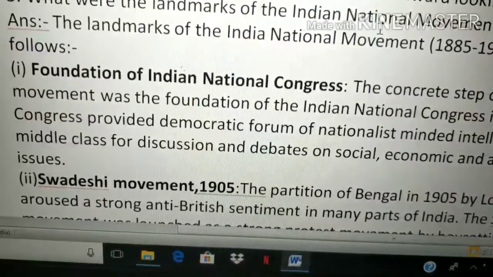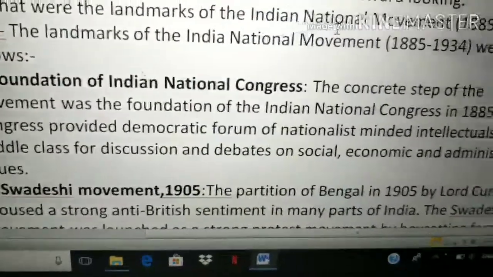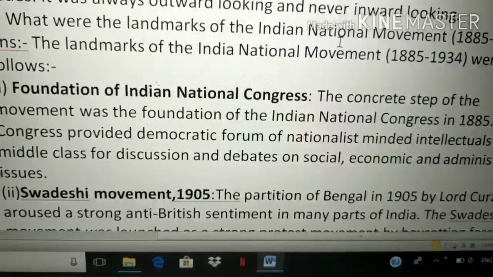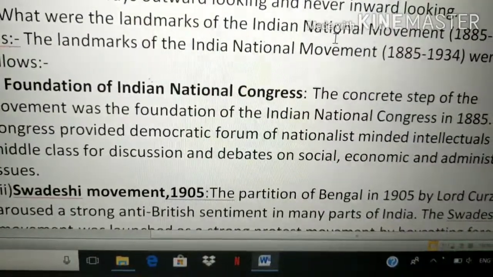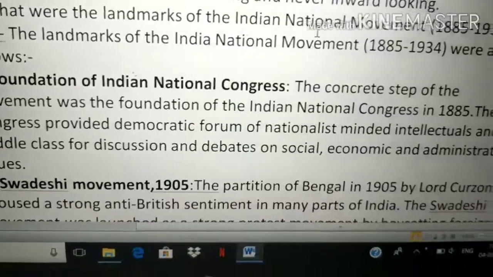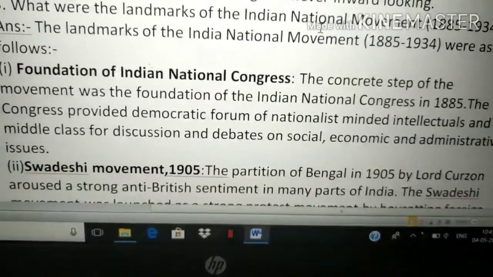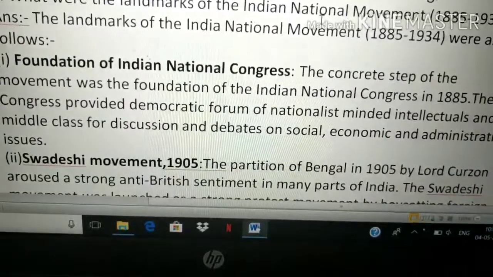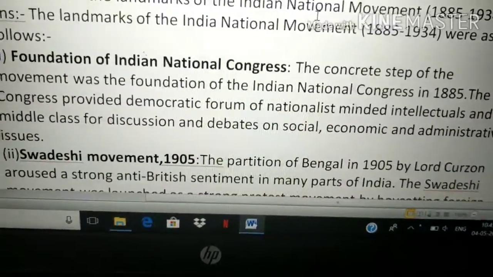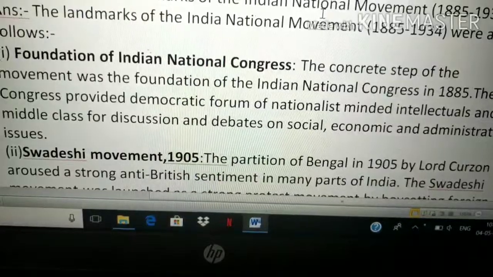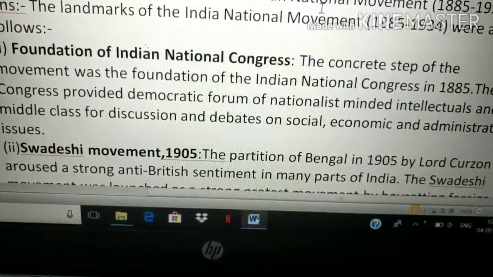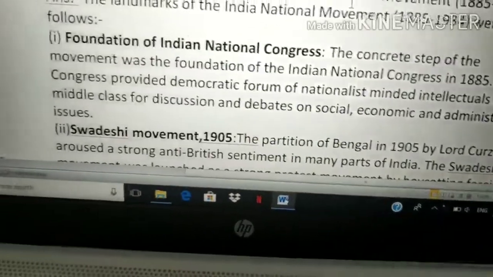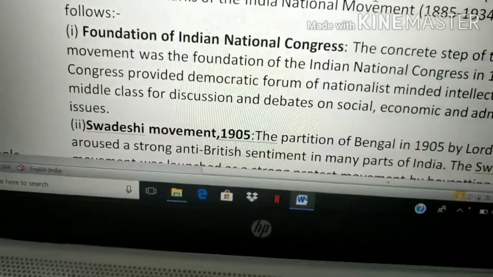Foundation of the Indian National Congress. The concrete step of the movement was the foundation of the Indian National Congress in 1885. The Congress provided a democratic forum for nationalist-minded intellectuals and the middle class for discussion and debate on social, economic, and administrative issues.